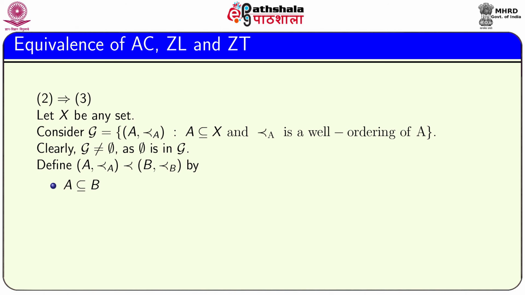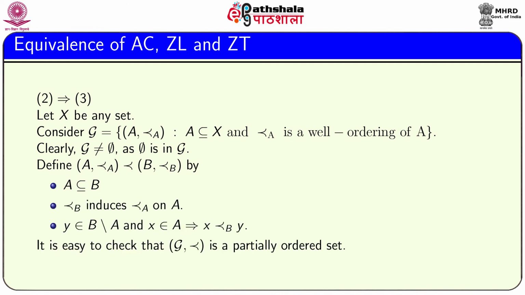We define a relation on script G as follows: A precedes A and B precedes B are two elements taken from script G. They are related by a relation, we call it less, as follows: A less B if A is a subset of B. Secondly, precedes B induces precedes A on capital A. And y belonging to B minus A and x belonging to A will imply that x precedes B y.